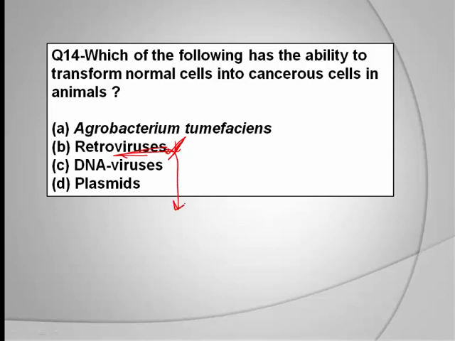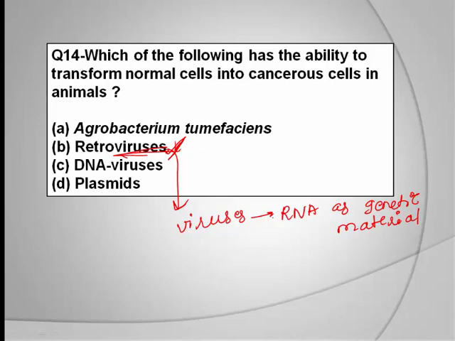Retroviruses are the viruses having RNA as genetic material. The RNA is present as genetic material in the virus, so they are called retroviruses.